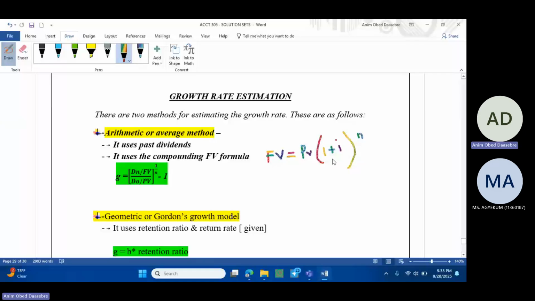So this is gotten from this. So you want to find this. The g will represent this i in the formula. So when you make the i the subject in this, you get this.